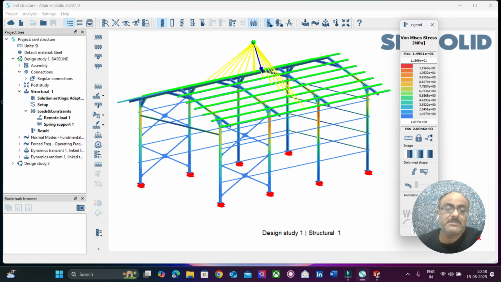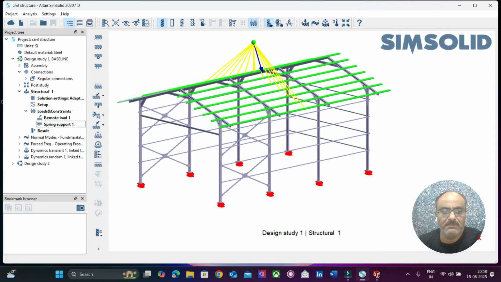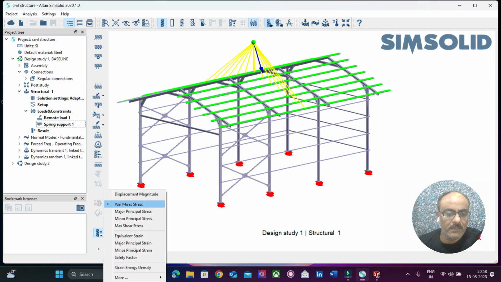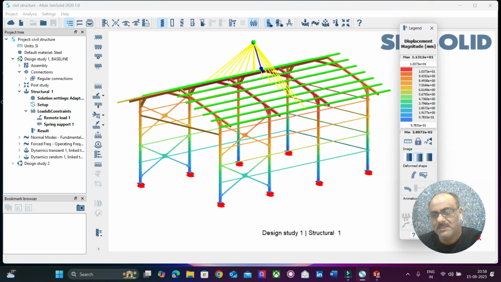So 12 Newton per mm square is a considerably low value, and now we also find that the deflection is about 10 mm, which is a very big value. Usually a 10 mm deflection cannot be compromised. So we try to find out what exactly could be the reason that there is a lot of deflection. The loads are applied directly onto the tubular members, which are good in taking bending loads, bending stresses.